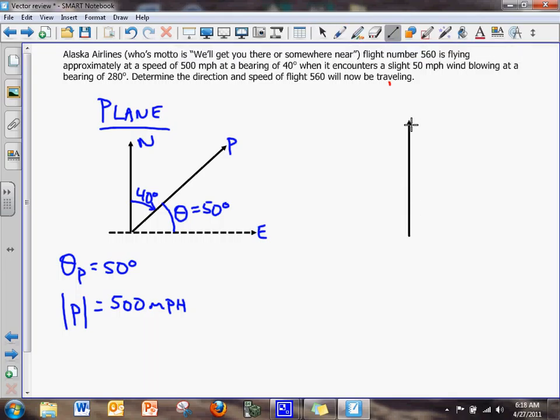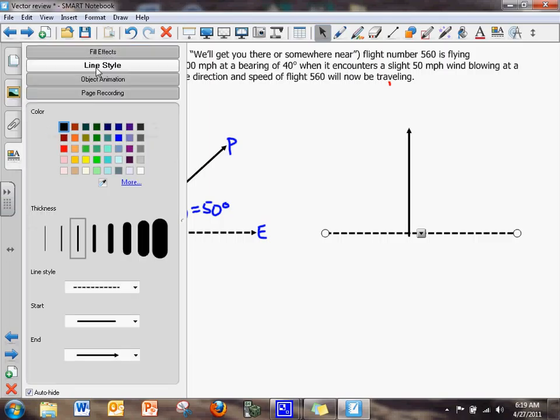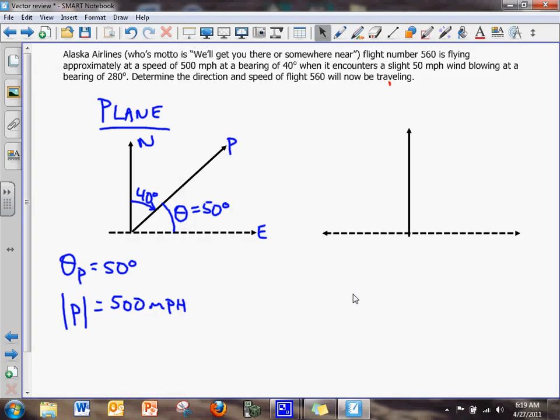Let's do the same thing quickly for the wind. Here's north, here is east, here's west.